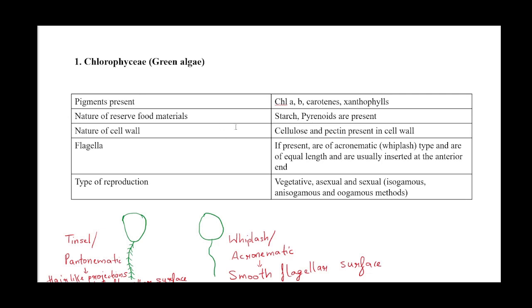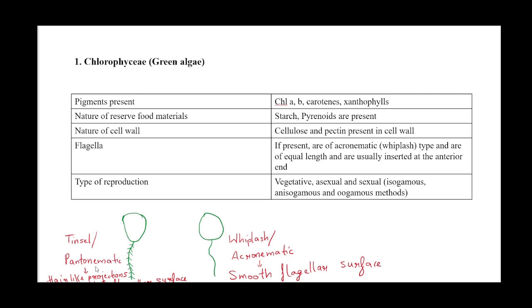The cell wall is made up of cellulose and pectin. The flagella present are of acronematic or whiplash type, and the flagella are of equal length and are inserted at the anterior end. So flagella are basically of 2 types. The first one is pantonematic, also called tinsel type of flagella.